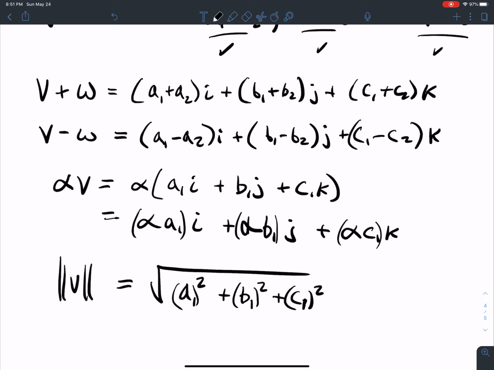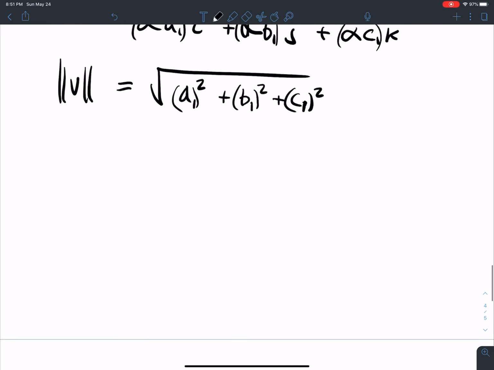The components squared, the sum of the squared components, and I take the square root to get the magnitude. Okay? So the definitions, if I put these into practice here, not that big a deal. So let's go ahead and just do it.